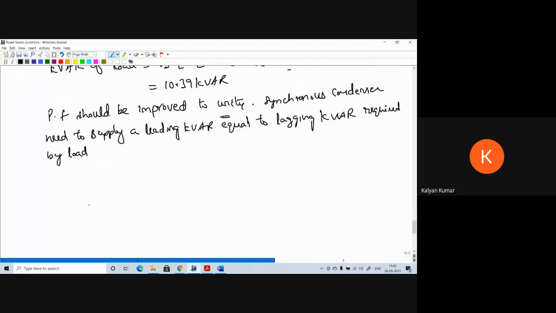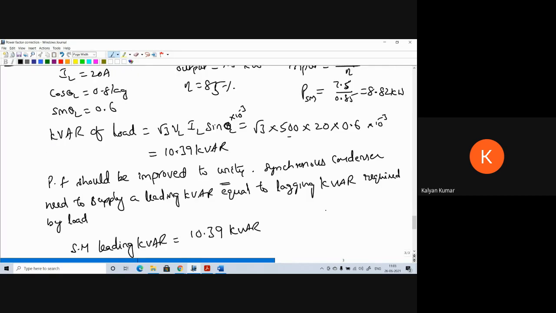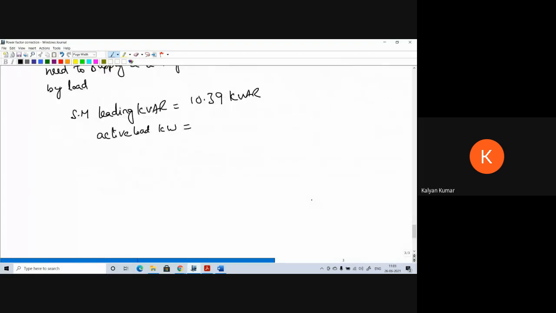Therefore, the synchronous motor leading kVAR equals 10.39 kVAR, and the active power in kilowatts equals 8.82.